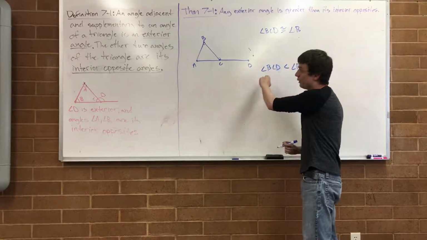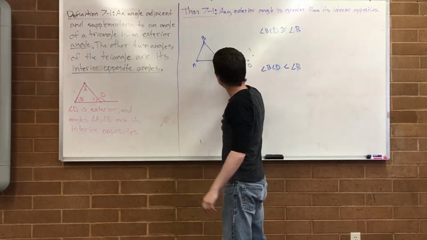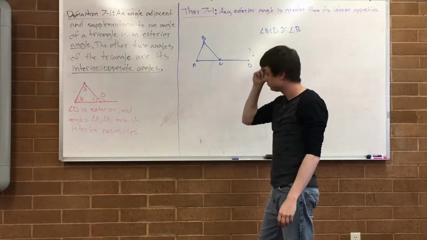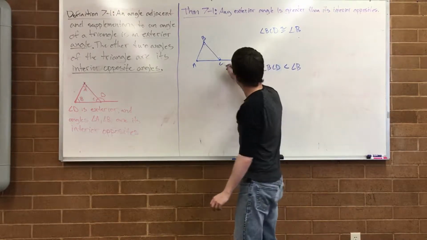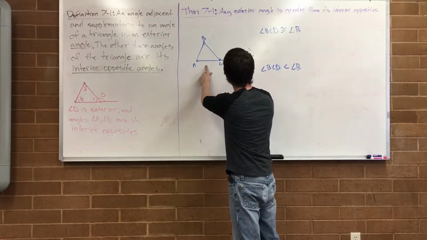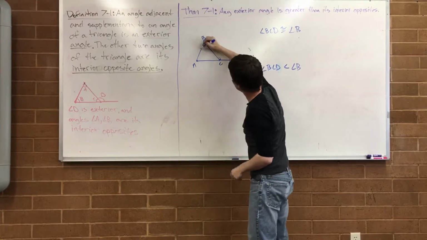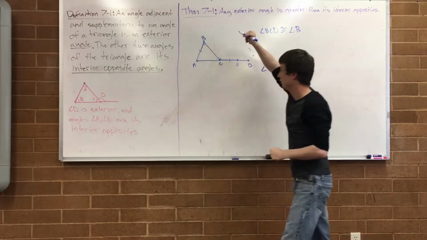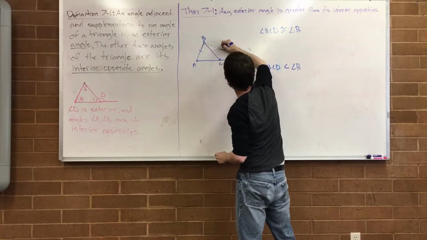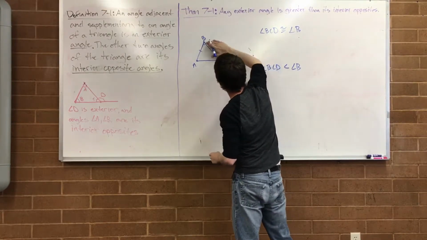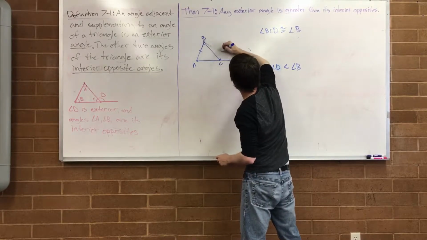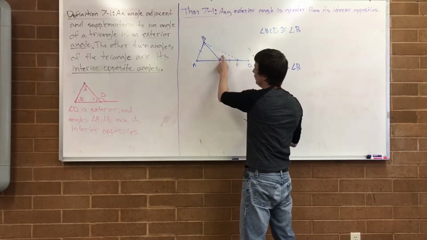So let's assume by way of contradiction that this angle is congruent to that angle. Okay? And we're going to come over here and we're going to make a point E so that this is congruent to this. With me so far? And then we're going to think about this triangle and this triangle.